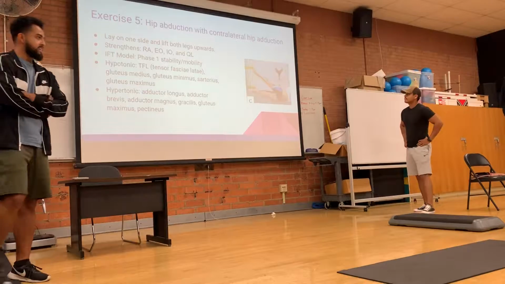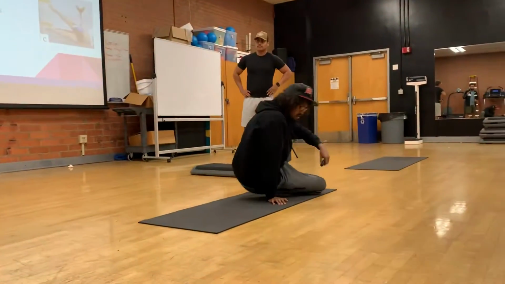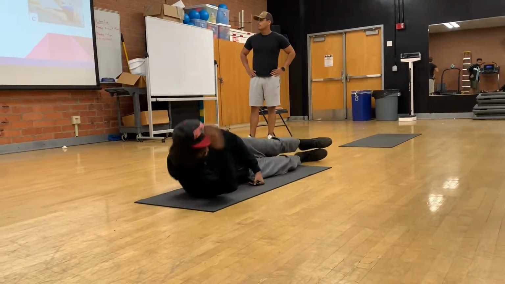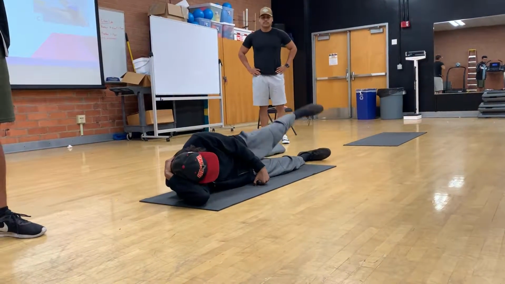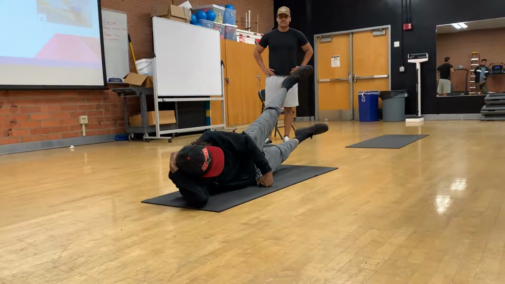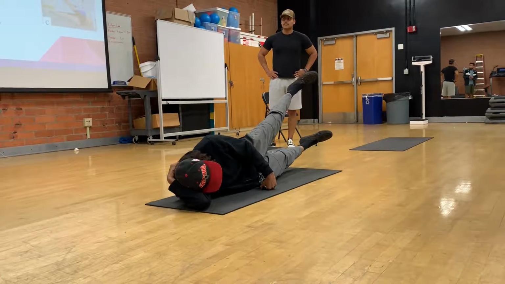Okay, and for this last exercise, it's a little bit more advanced. You're going to lay on one side and lift, for example, for him, his left leg, and then you would also lift your right leg as well. So you would be abducting your left leg and then abducting your right leg.